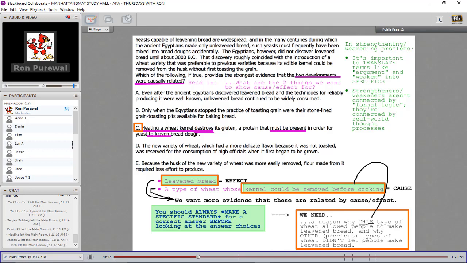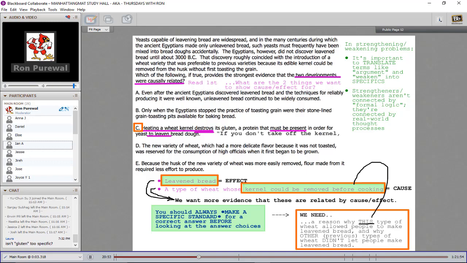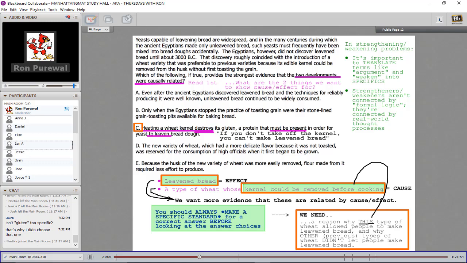The only thing that's new about this wheat is that you can take off the kernel before you cook it. And what this answer choice is telling us is that if you don't take off the kernel, you can't leaven it.